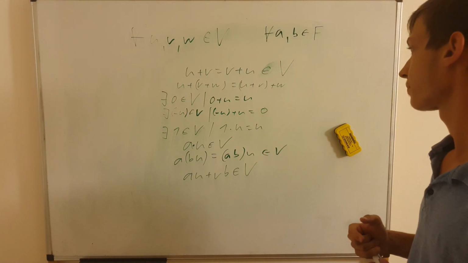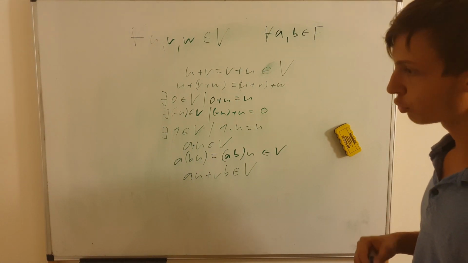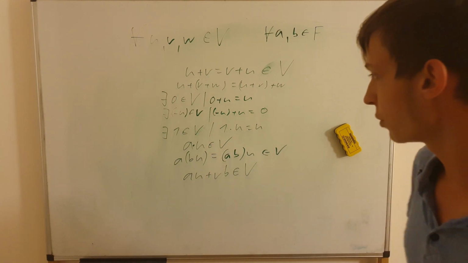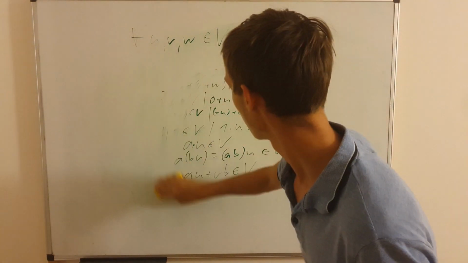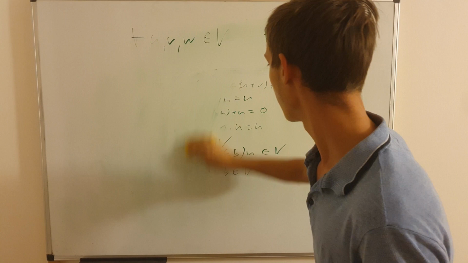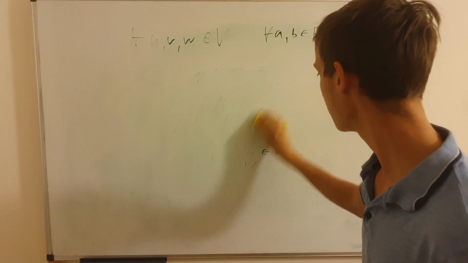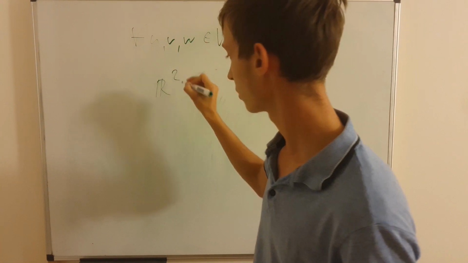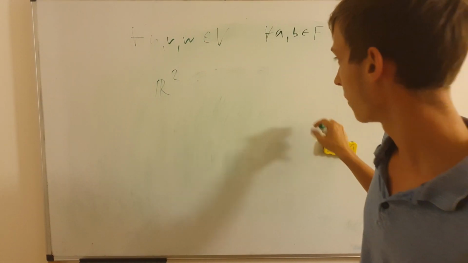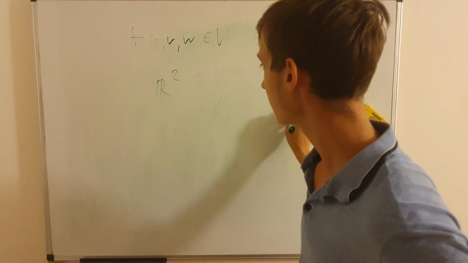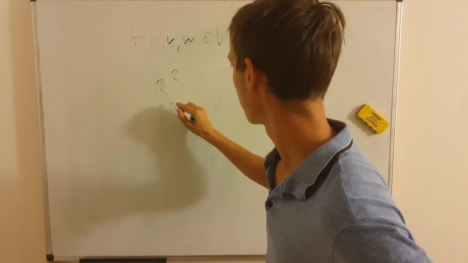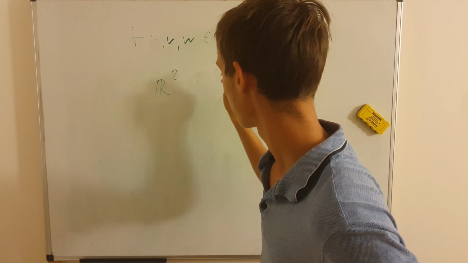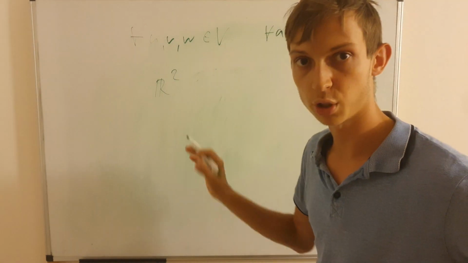Now, in order to illustrate it even further, we can look at an example. So an example could be R2, which basically means real-valued vectors with two entries. What this means is that we can check these requirements on these vectors.